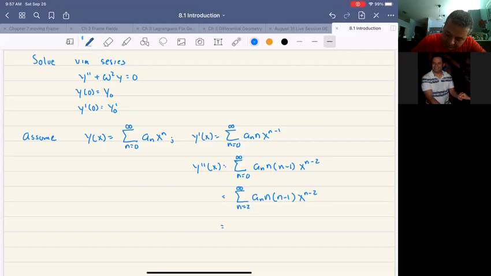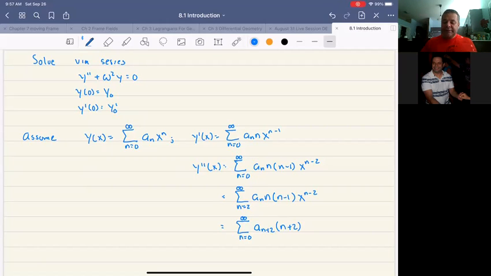So this is going to be the sum, n now goes from 0 to infinity. And the way I think about this is, what's my first term? My first term here should be a sub 2. So that means I'm going to need a sub n plus 2. This term here, when n equals 2, that's going to be 2, so instead of n, it's going to be n plus 2.